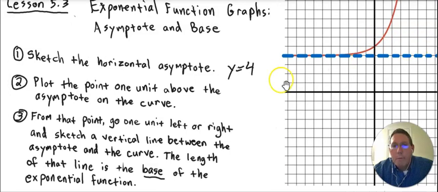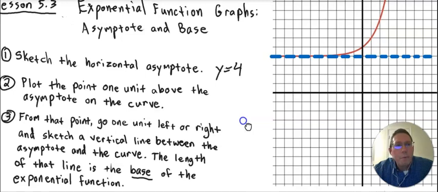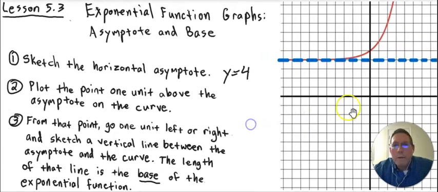Where the line that's above the asymptote hits the curve, that's where we're going to put a point. So we're going to put a point right here. It says plot the point 1 unit above the asymptote on the curve, and that's what we just did.